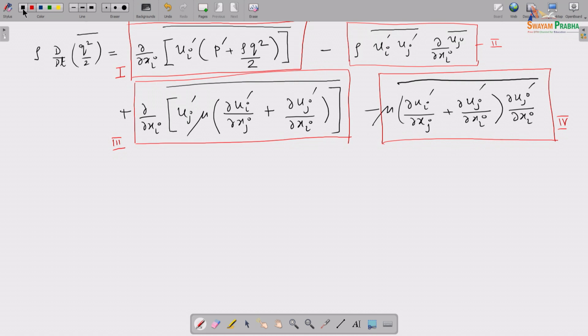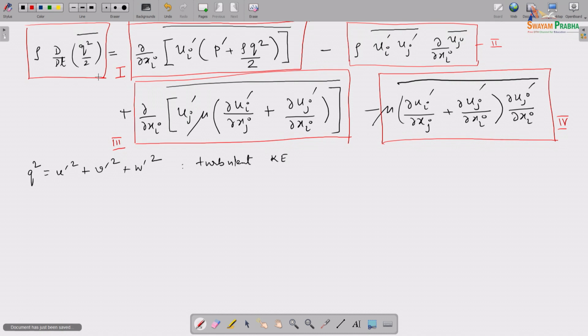And of course Q square is equal to the square of the fluctuating velocity components. So essentially this is the turbulent KE. Let us also label the first part, let's call that O.